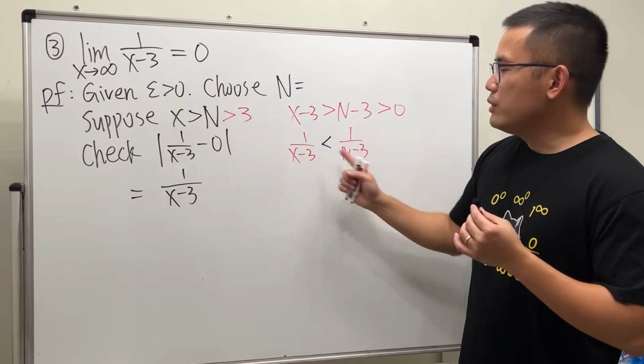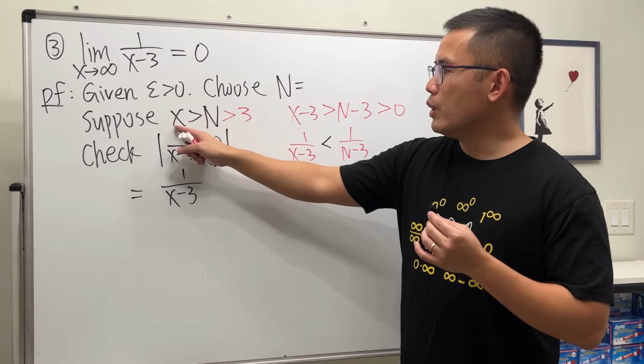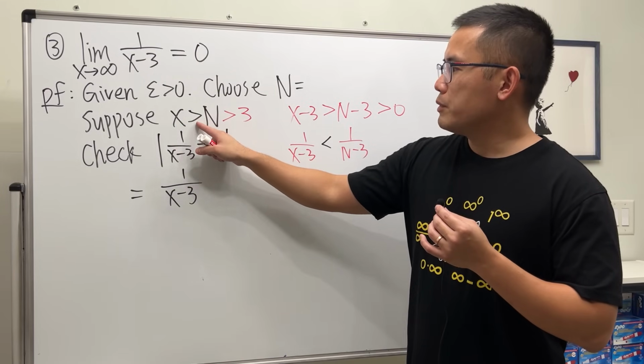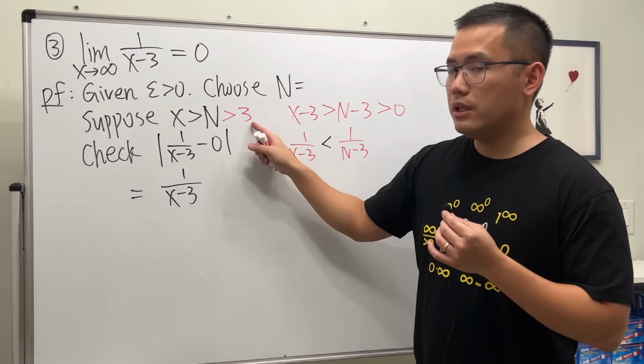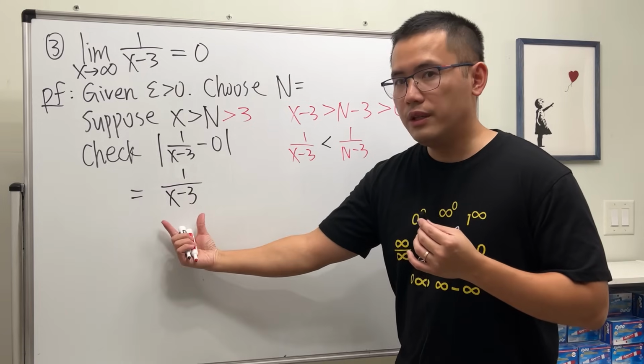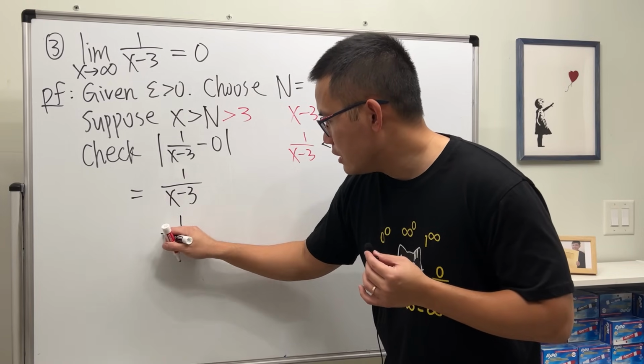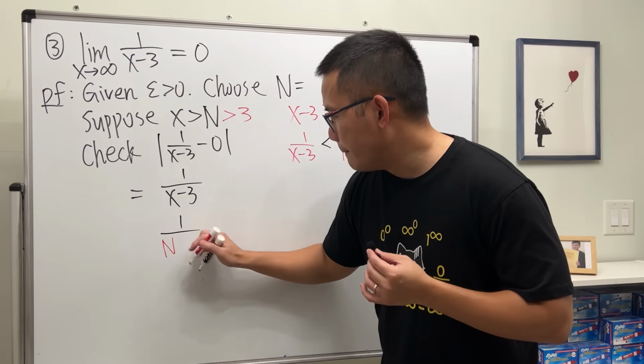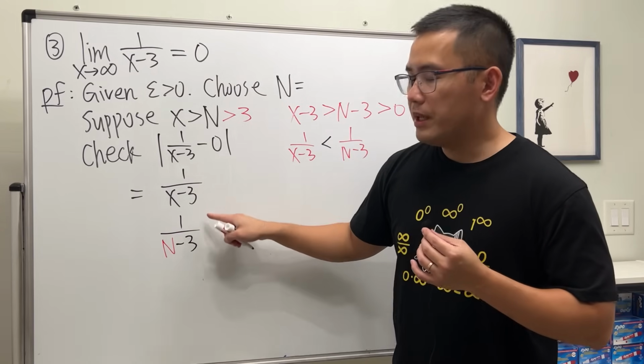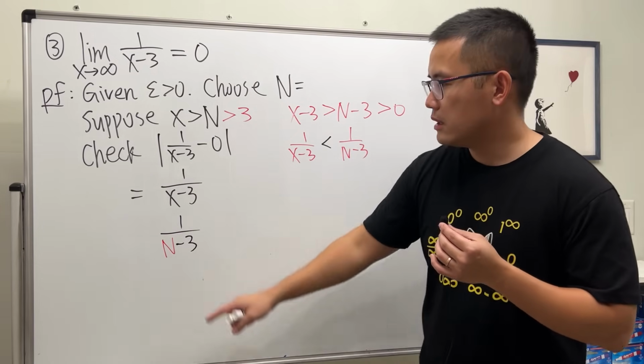You don't really need to do this all the time. If you know that x is greater than n is greater than 3, you can do the following. You know this is positive, you can just replace the x with n. So you write down 1 over n minus 3. Can we make a comparison? Yes.